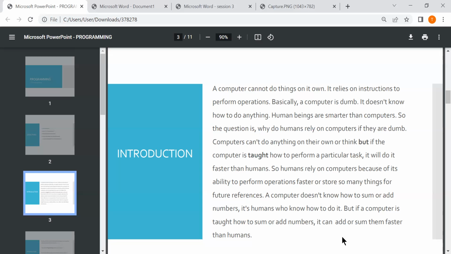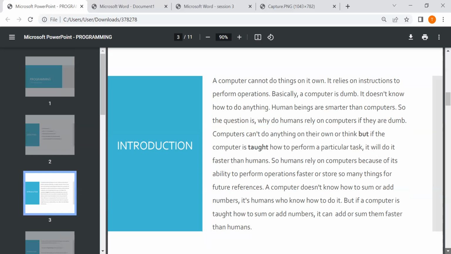A computer doesn't know how to sum or add numbers. It's humans who know how to do it. But if a computer is taught how to sum or add numbers, it can add or sum them faster than human beings. You get it? So computers are dumb. They don't know how to do anything. But if you teach it how to do something, it can do it faster. That's why we rely on computers.